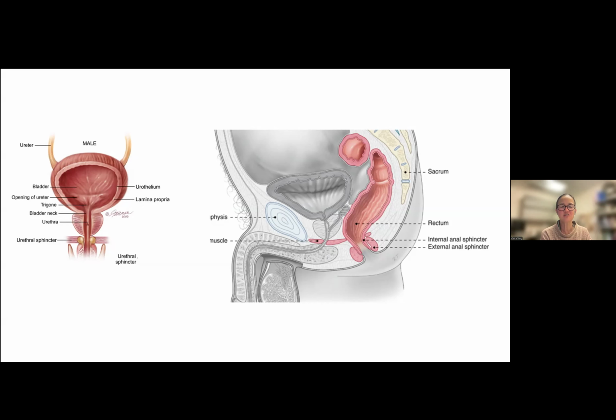It does not treat overflow incontinence. In fact, it makes overflow incontinence worse. So you have to really drill down and see if they have urgency incontinence before you prescribe that medication. And even if they have that symptom in the older adult, I don't prescribe it.